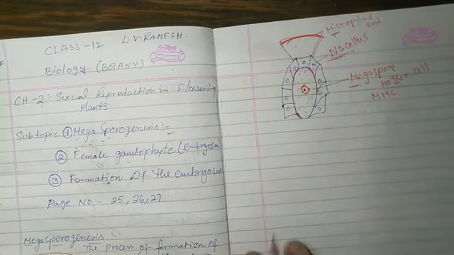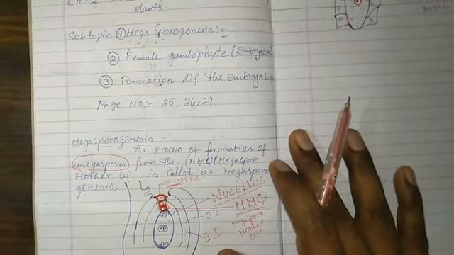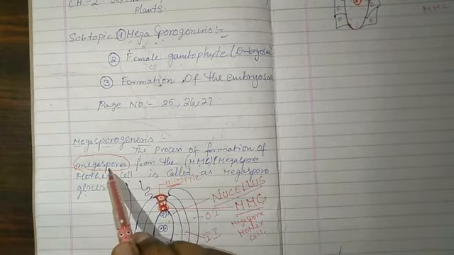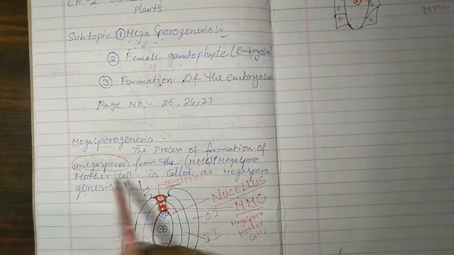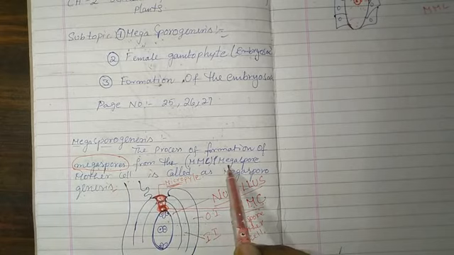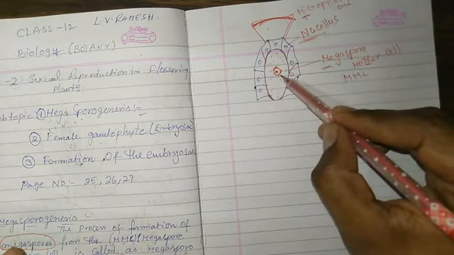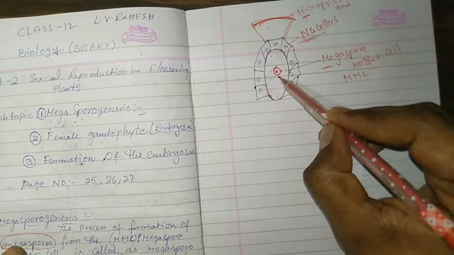Again, we will see the definition of megasporogenesis. The process of formation of megaspores from the megaspore mother cell is called megasporogenesis. That means this megaspore mother cell only makes megaspores.